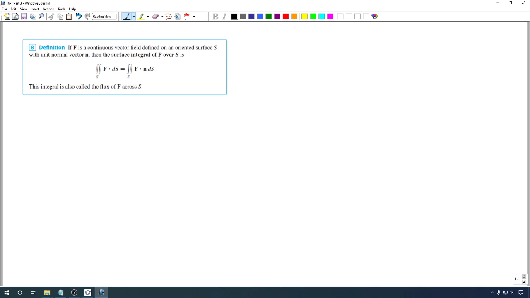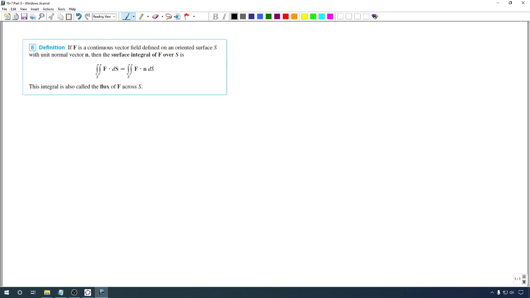Then the surface integral of F over that surface is just going to be the scalar surface integral of the dot product of F with that normal vector. So F dot n is going to be a scalar function of the points on the surface, and we're going to integrate that scalar function over that surface the way we did in the first video of this section.